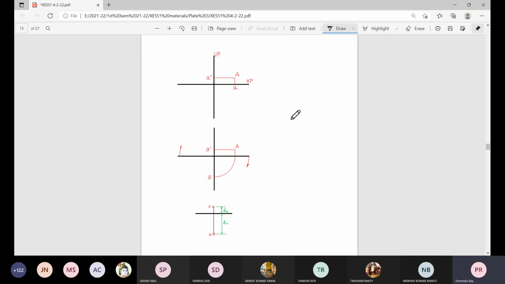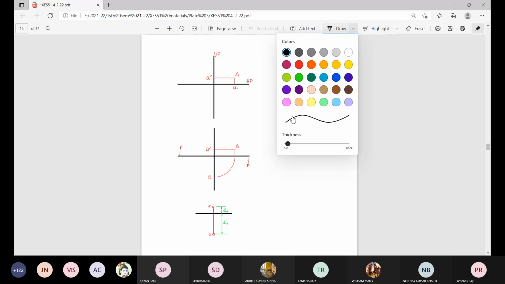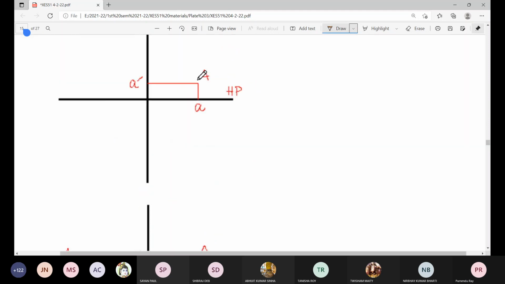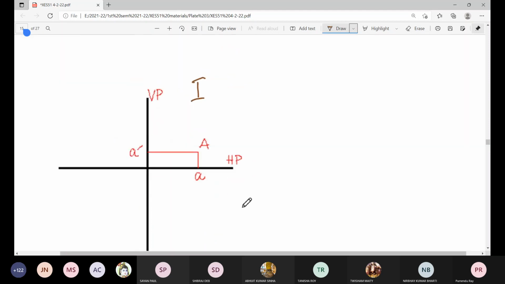So for the first quadrant, just a minute. So this is the first quadrant. Point capital A is there. From A, you drop a perpendicular to the horizontal plane. This will be that shadow or projection on the horizontal plane. It will be the view from top or plan.